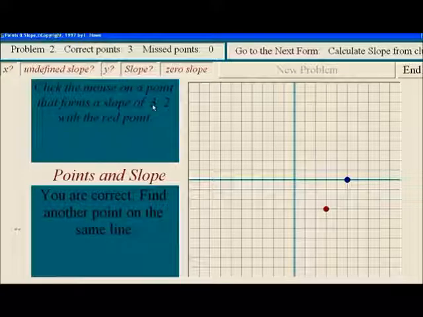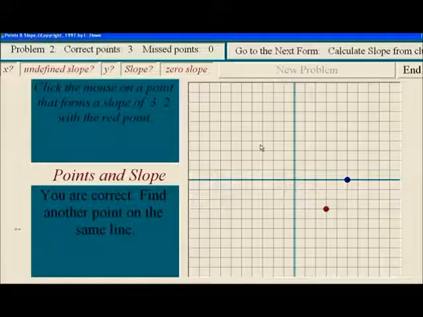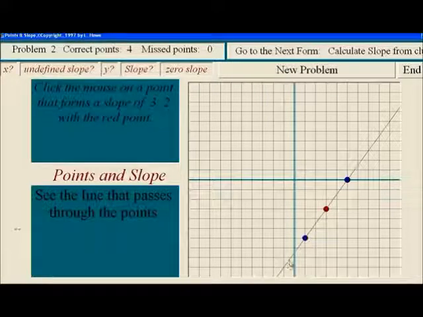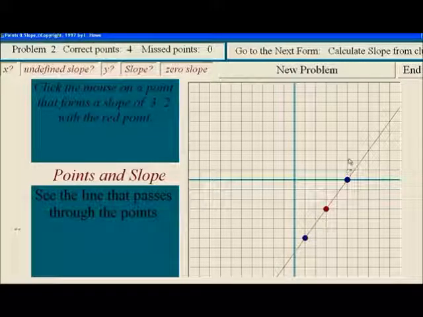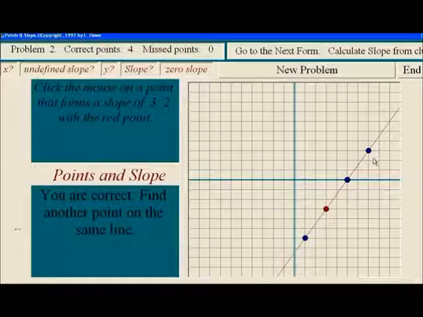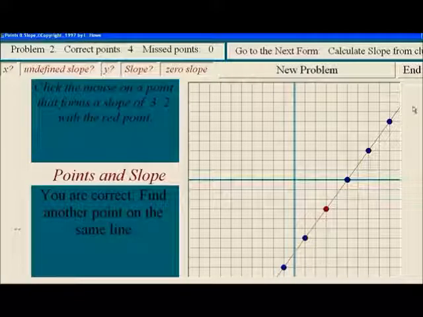So -3 over -2 is still the same slope. So if I sink down 3 and go backwards 2, I'm on the same line. So here's how you can get 2 points. We could have gone rise 3 and run 2. Again, we could have gotten any of these points belong on the line. I hope you can see that.